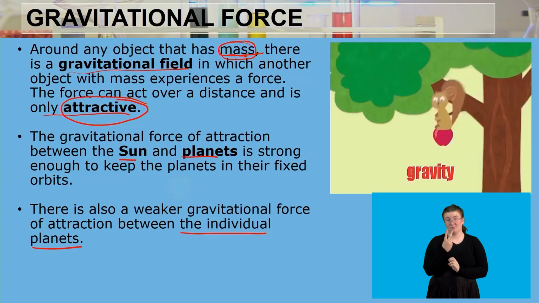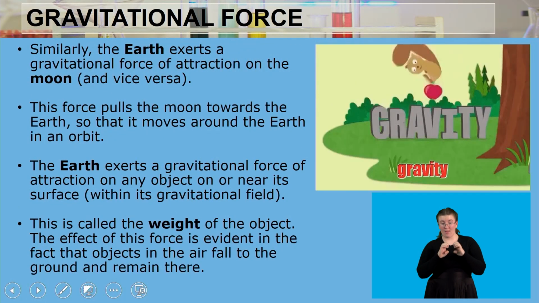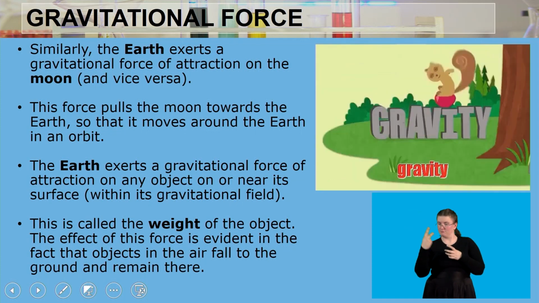Remember, the force doesn't mean that those two objects have to touch each other. We don't have to touch the sun. We are away from the sun. However, there is that force of attraction between the sun and the planet Earth. So as we can see, the force between the planet Earth and the sun is acting at a distance.